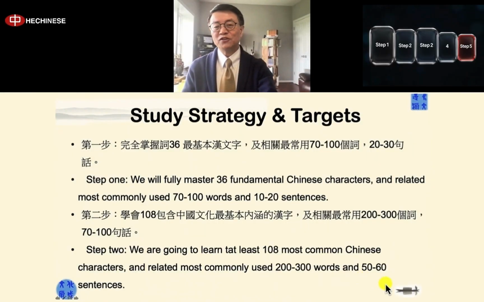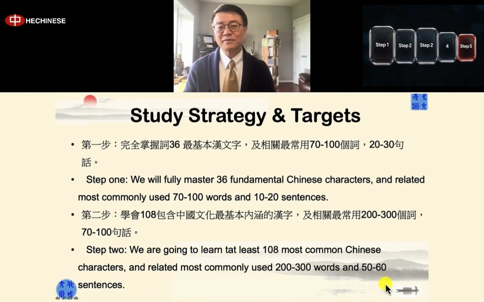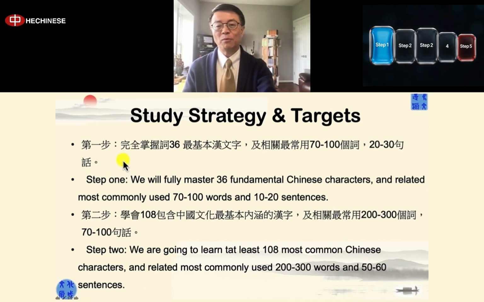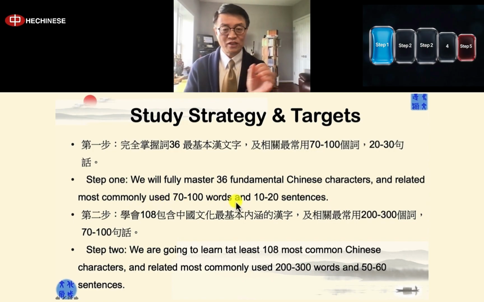So our strategy and targets for this study, step 1, to fully master the 36 fundamental Chinese radical or characters, and the related most commonly used 70 to 100 words, because these characters can, when you line them together, form words or some phrases.